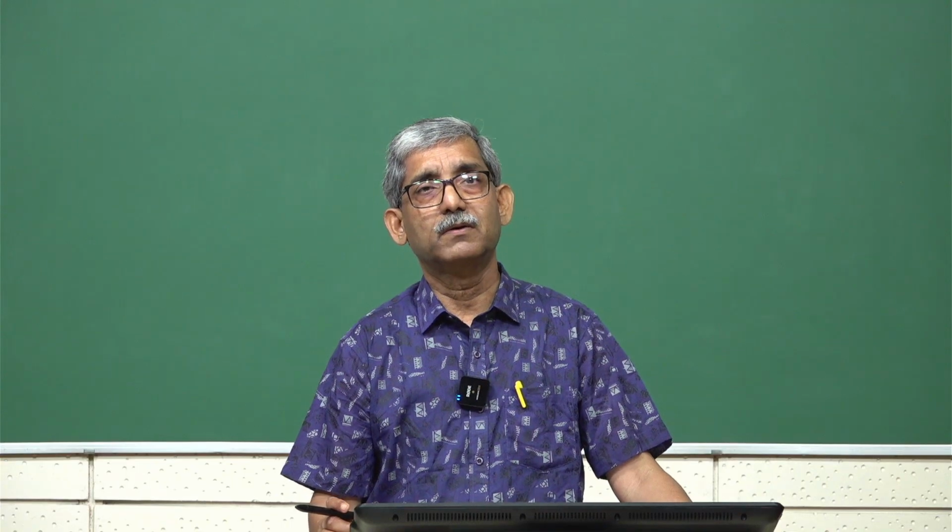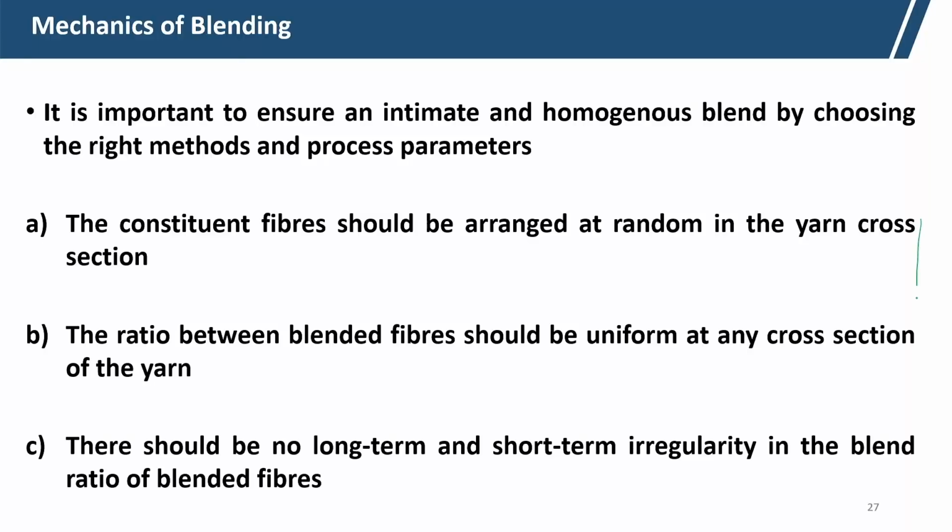We should take care of this, because these all are dependent on the fiber characteristics as well as the selection of blending mechanism. There are various possibilities of blending at different stages.